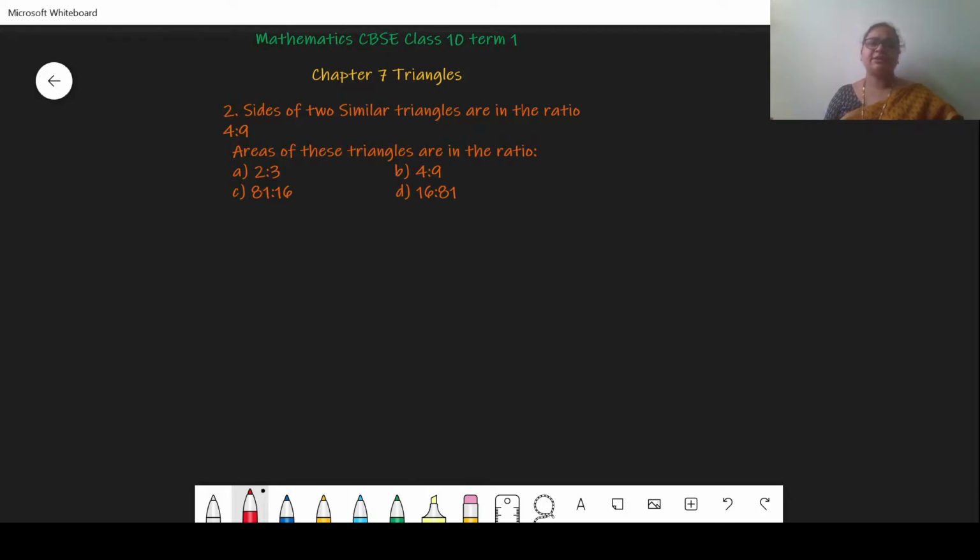Sides of two similar triangles are in the ratio 4:9. Areas of these triangles are in the ratio. As we know, the ratio of areas of two similar triangles is equal to the square of the ratio of the corresponding sides of the triangle. Here the required ratio of areas is equal to the square of the ratio of the corresponding sides, that is 4 by 9 whole square, that is 4 square by 9 square, that is 16 by 81.